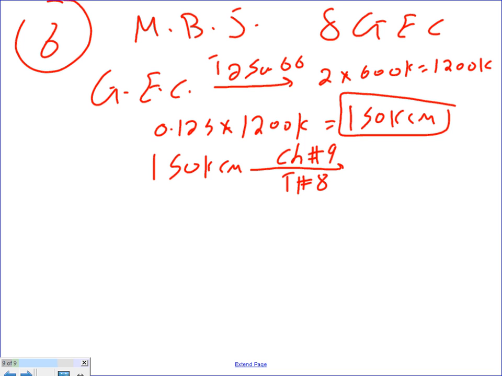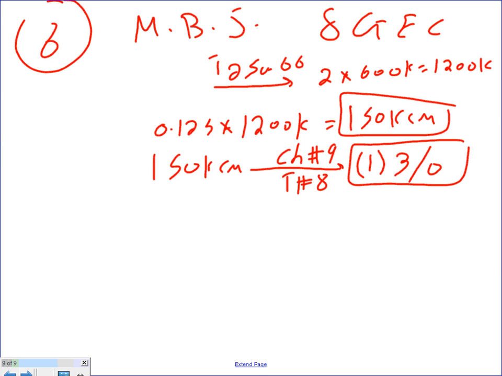Can you guys go there and see what you get? Chapter 9, Table 8. Riyadh, we'll trust you. You get 1 conductor 3/0. I'm sorry, this is for the main bonding jumper, guys. This calculation is main bonding jumper, okay?